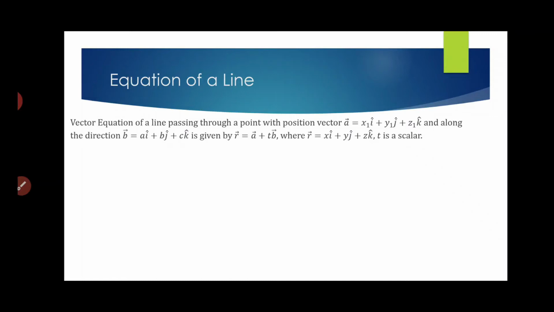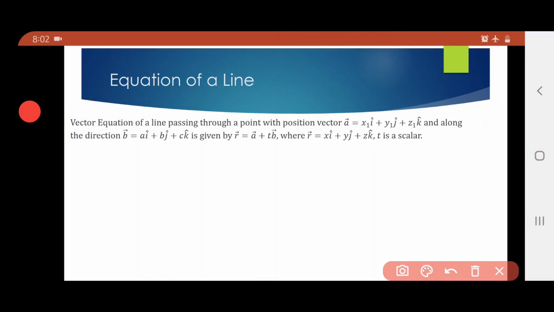Now let a vector be the position vector of a point on the line, it can be any point, and the direction is given by the b vector. You can see there are repeated uses of letters, but let us not get confused: this is a vector, this is also a vector, and these are scalar components. So I think that part is clear to all of us.